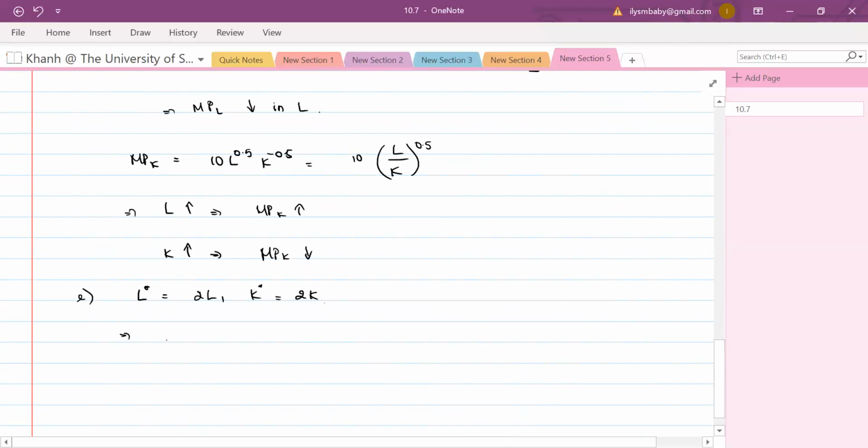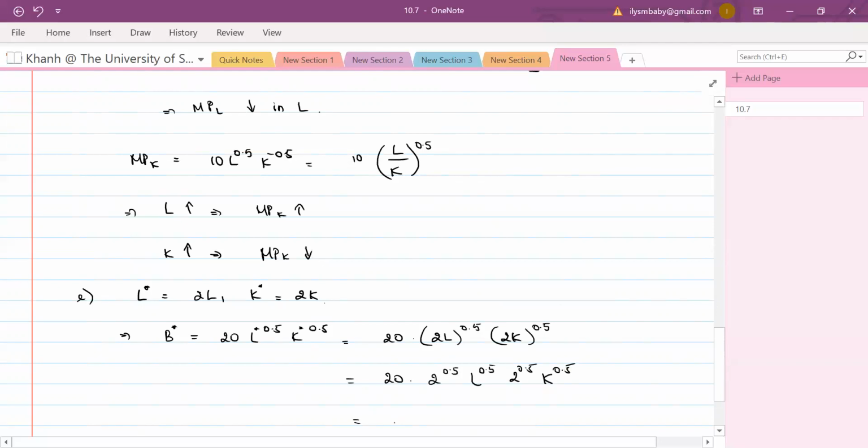So Q star is going to be equal to 20 L star to the power half, K star to the power half. So that is 20 times 2L to the power half, 2K to the power half. Therefore, we got 20 times 2 to the power half, L to the power half, 2 to the power half, K to the power half.